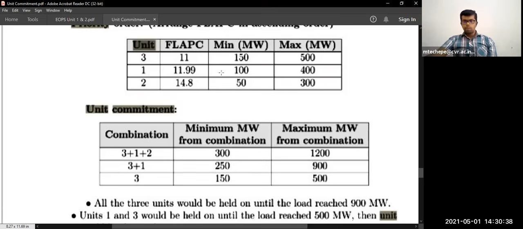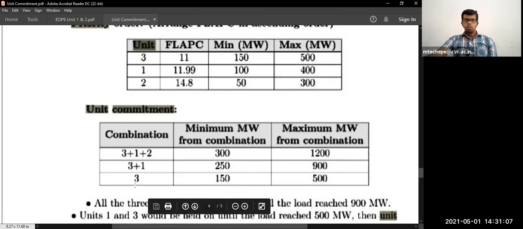Like 100, 150 plus 50 megawatt, that is 200 megawatt, you can manage with 250 megawatt. Here also, whatever the combination, like 500 plus 400 is 900, we can manage. Next 500 plus 300, 800 also you can manage. Then 400 plus 300, that is 700 megawatt, you can manage with this 900.